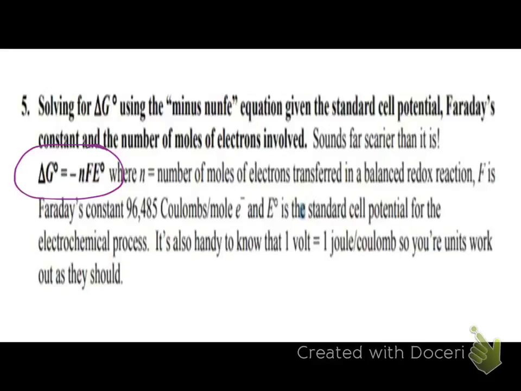N is your number of moles of electrons in a redox. F is Faraday's constant per mole of electron, and E is the standard cell potential for the electrochemical process. It gives free energy. I'm hoping that doesn't show up in this unit until we get to electrochemistry, which is our last unit, and then we'll bring delta G back into play.